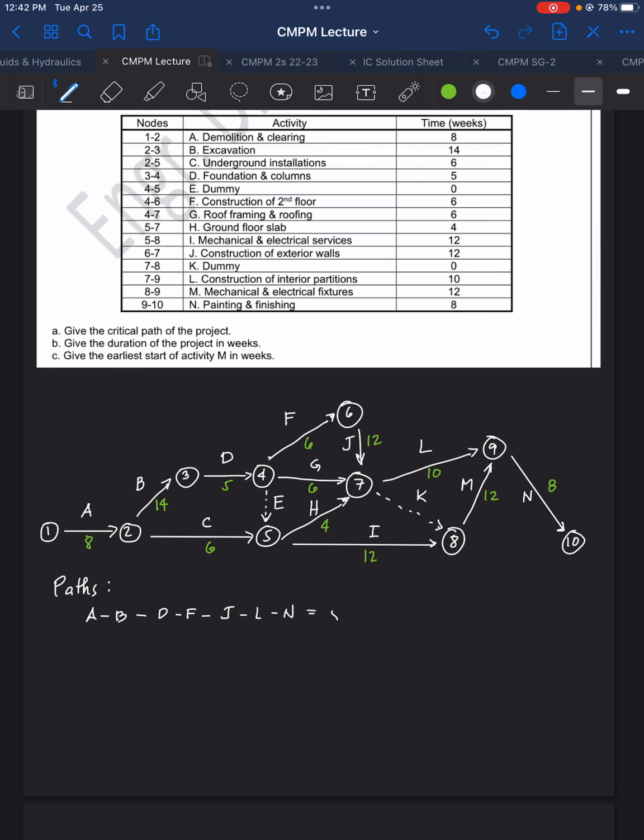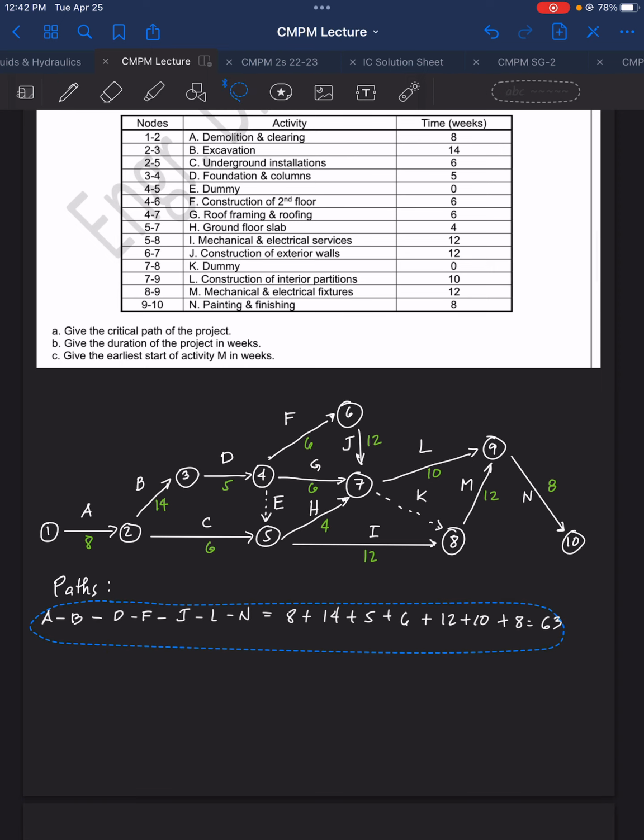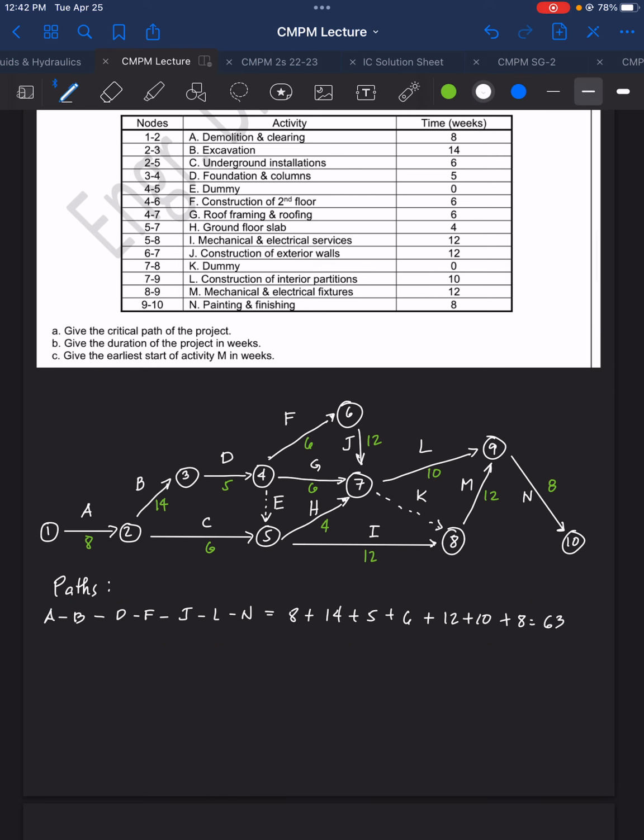We have here 63. Yes, we need to move here. 53 weeks.